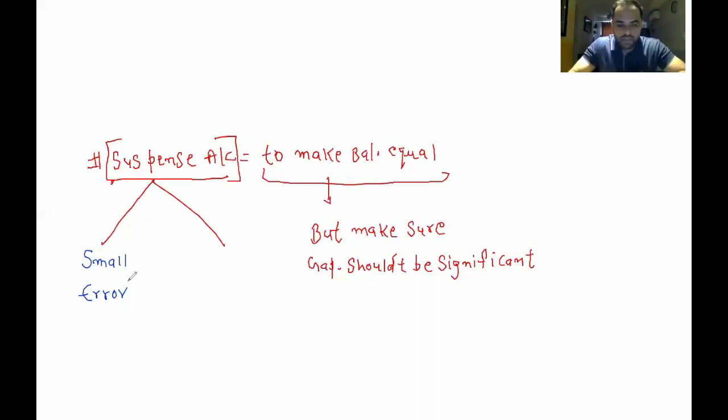The second reason to prepare a suspense account is when there are items where we do not know where to write them, and the items are small or irregular. Let me give you one example.